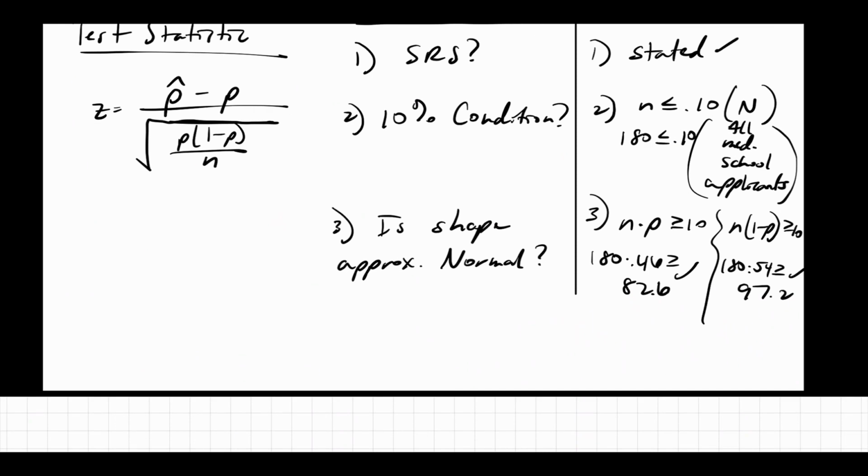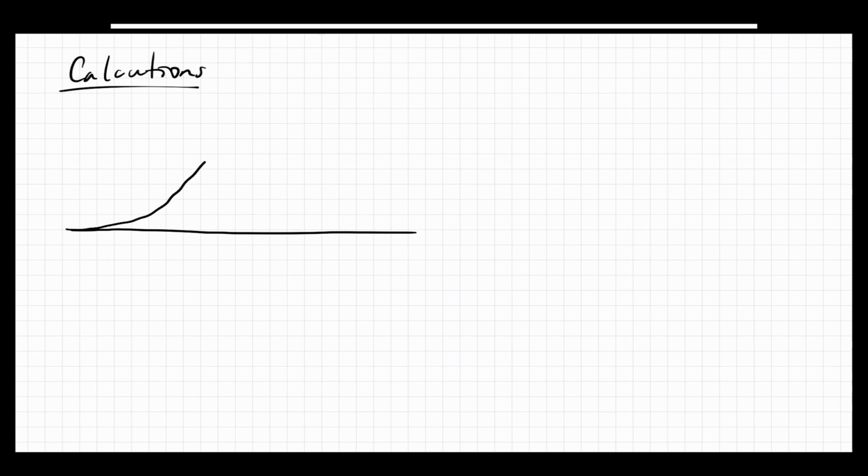All right, so that's the next one. Next one is calculations, where we calculate the p-value. Well, it's a z-score formula, so we're going to need to use the normal distribution.